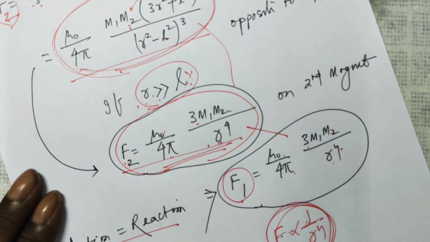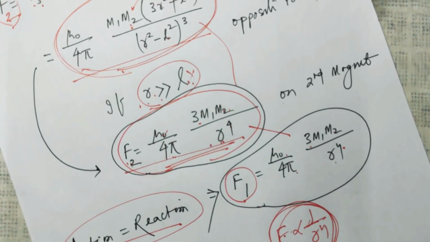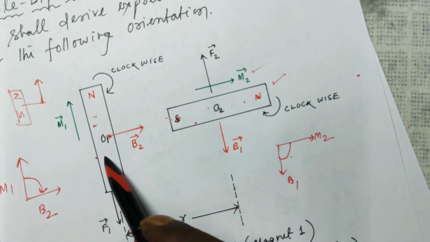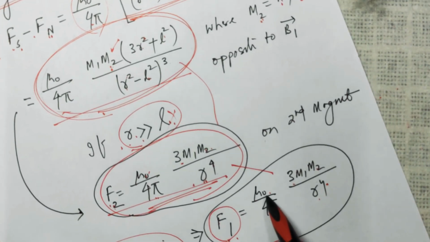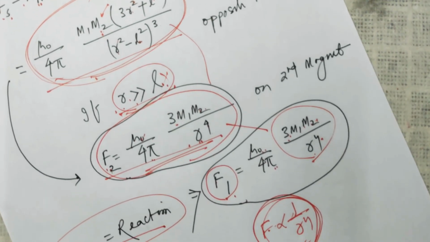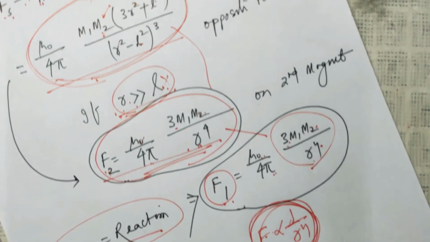And similarly, since action is equal to reaction, this bar magnet will also apply the same force on the first magnet. That is F1 is equal to mu naught over 4 pi, 3 m1 m2 over r to the power 4, if r is very much greater than L. You have to remember this thing. Force is proportional to 1 by r to the power 4.